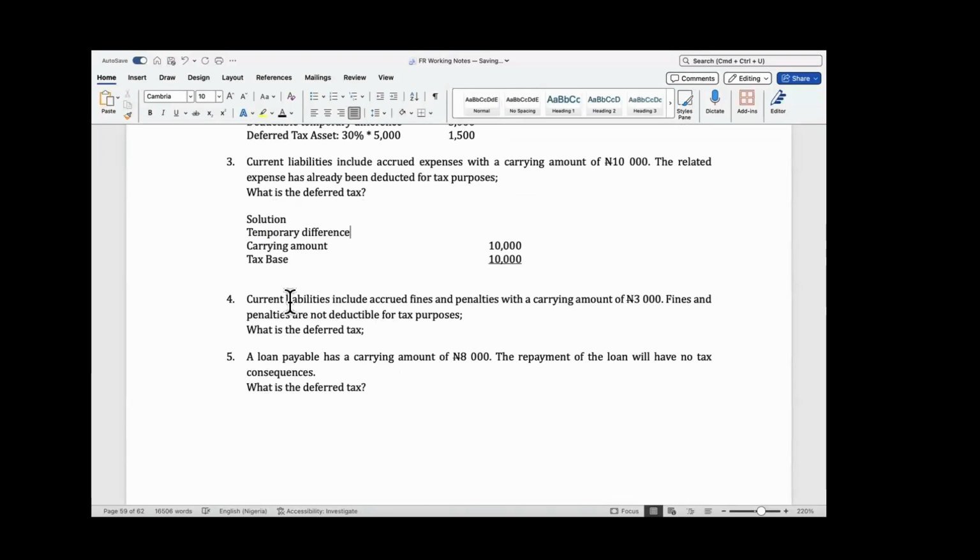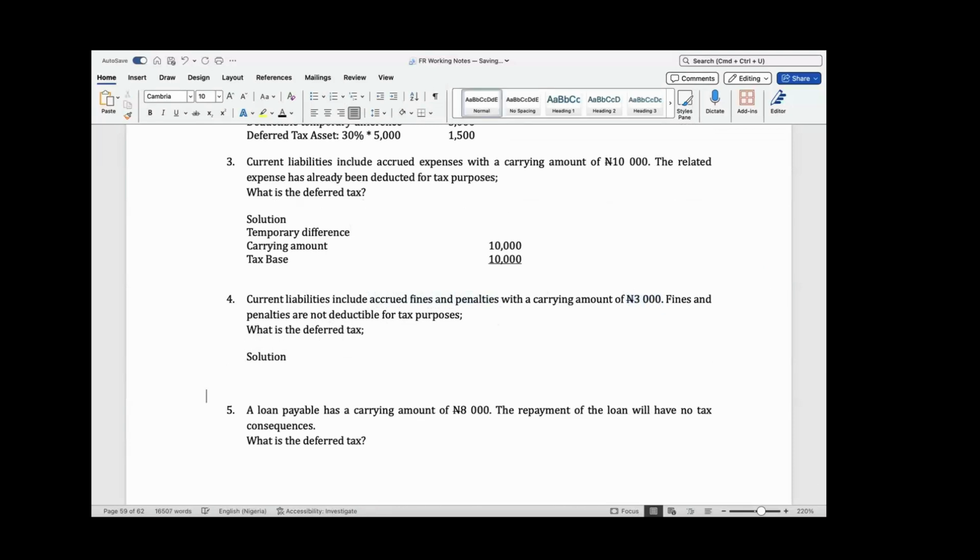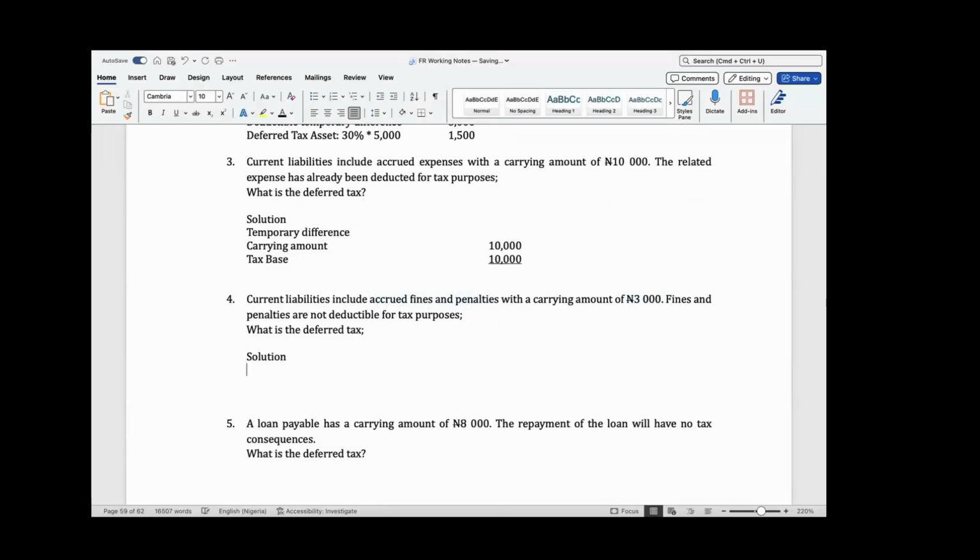Another one. There was a current liability that includes accrued fines and penalties with a carrying amount of 3,000. Fines and penalties are not deductible for tax purposes. So in this case, what's our temporary difference?